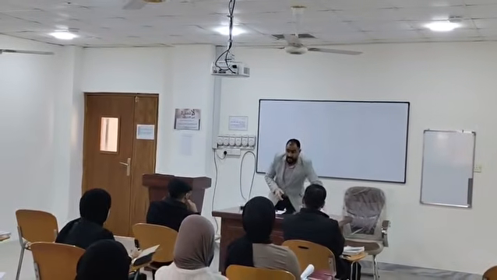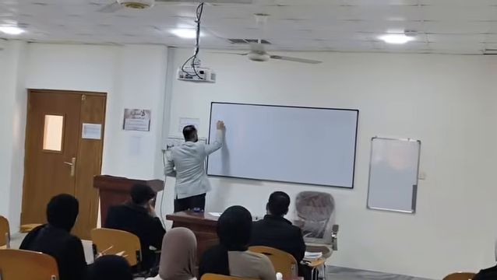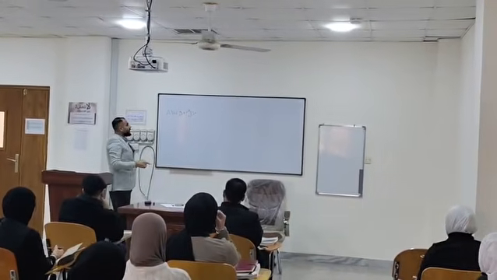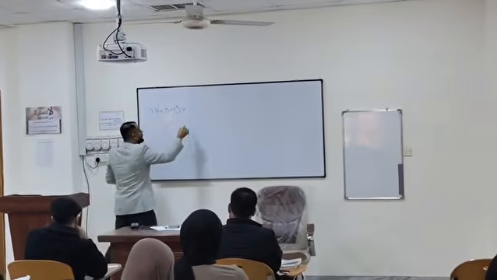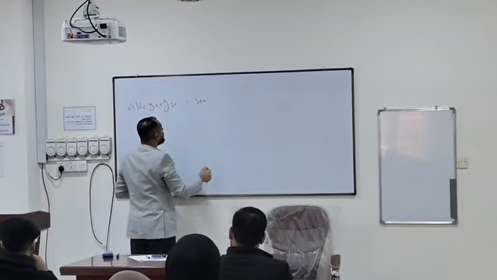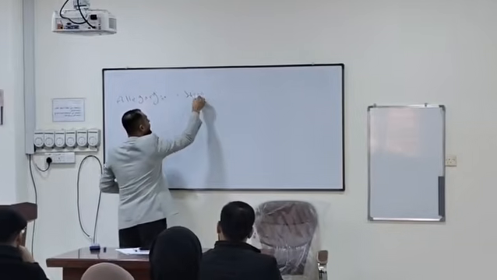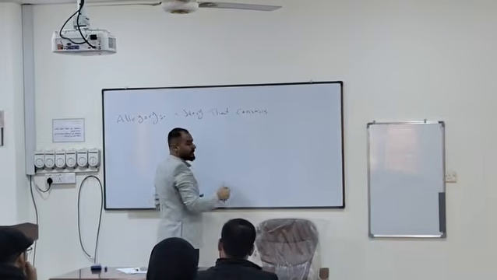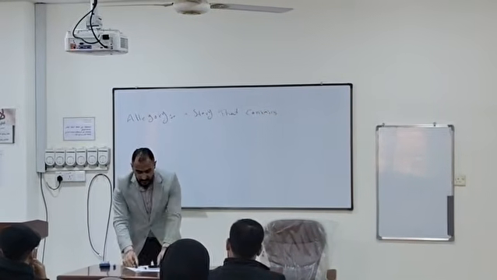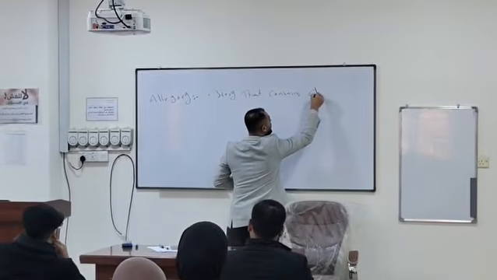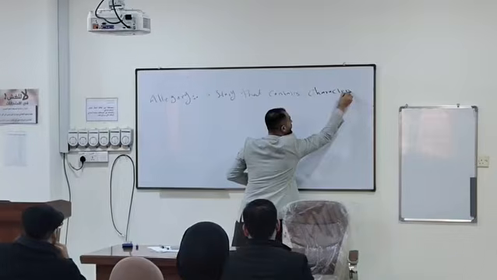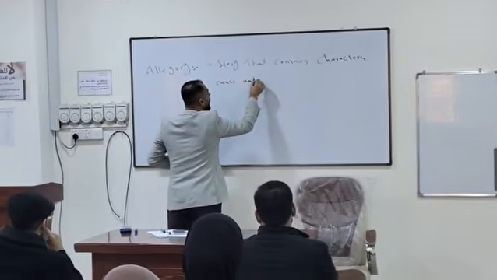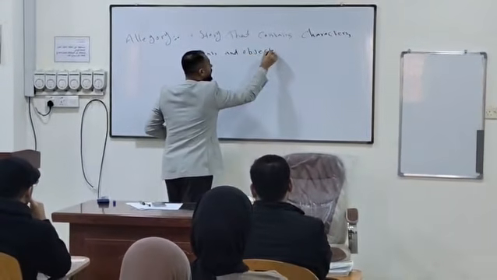Okay? So, to define an allegory, we have mentioned that it is a story that contains what? Certain characters, events, and objects which have what?